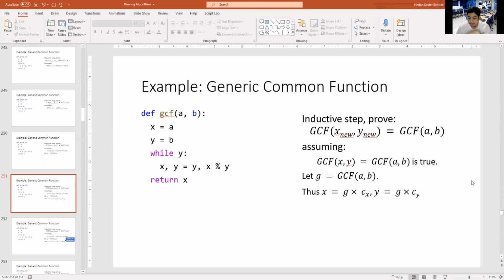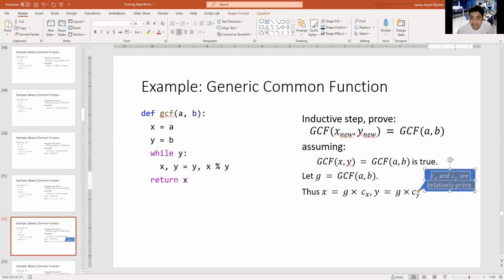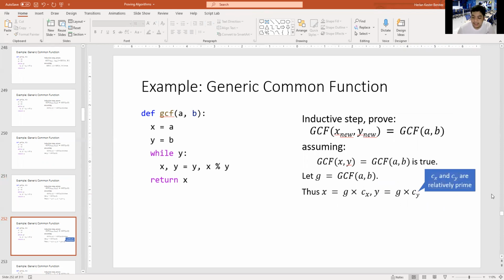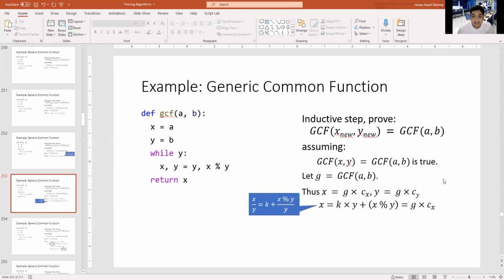And then, one thing to note over here is that Cx and Cy should be relatively prime, or wala na silang common factors kasi yung greatest common factor nila is G. So this statement is actually important later on. So kailangan siya i-point out dyan.